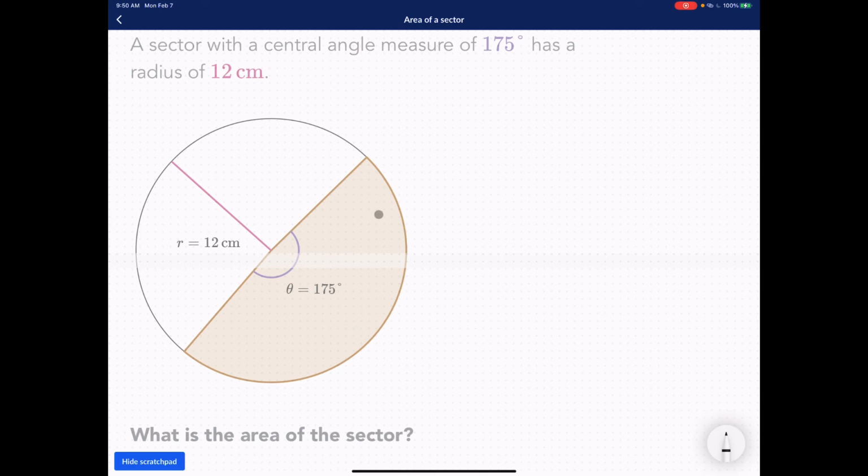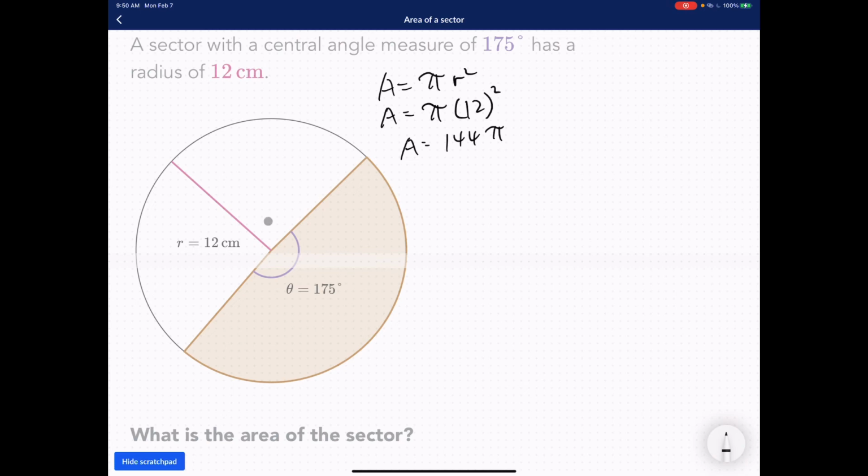So let's find the area of the entire circle, then I can find the fraction of that entire circle. A is equal to pi r squared, and r is 12 squared, and A is equal to 144 pi. So that is the area of this entire circle.